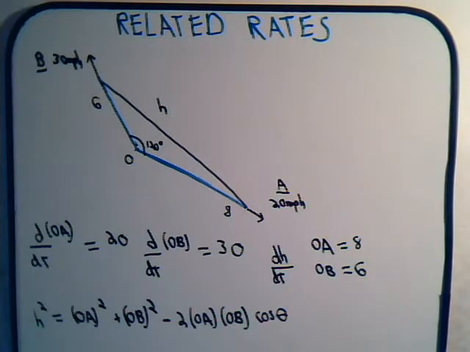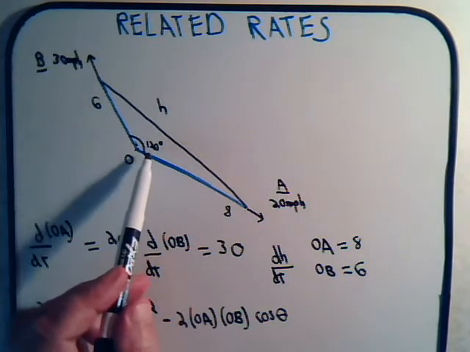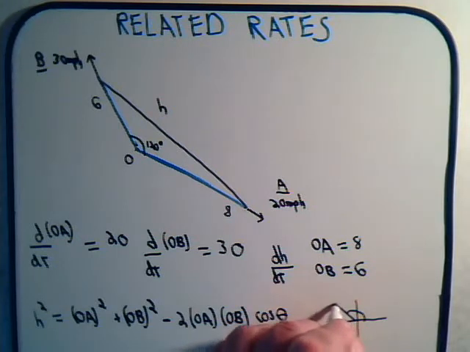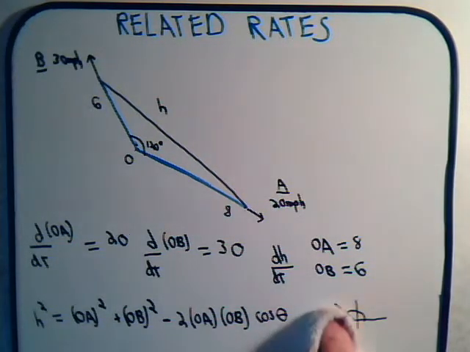And the angle between them is 120 degrees. Remember now, the cosine of that is over here, so it's negative. The cosine of 60 degrees is plus 1/2, so the cosine of 120 degrees is minus 1/2.